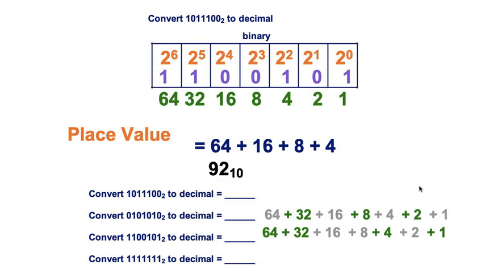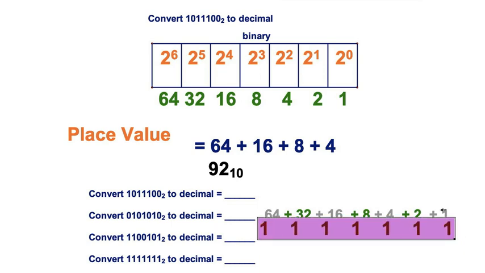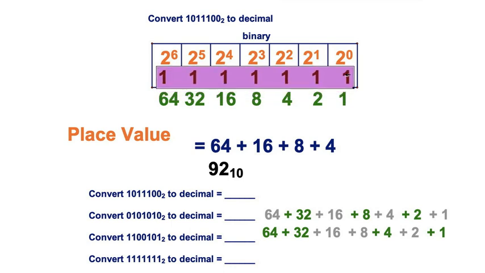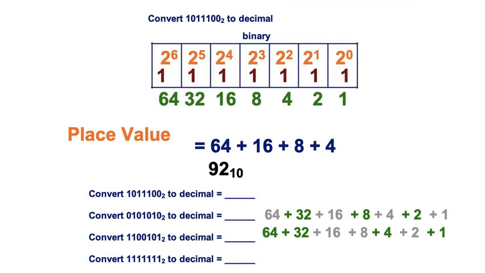All right, let's just do one more. And this one's just a little bit different because you've got all these 1s in there. So let's suppose I put all these 1s in these place values. You could do it this way: 64 and 32 and 16 and 8 and 4 and 2 and 1.